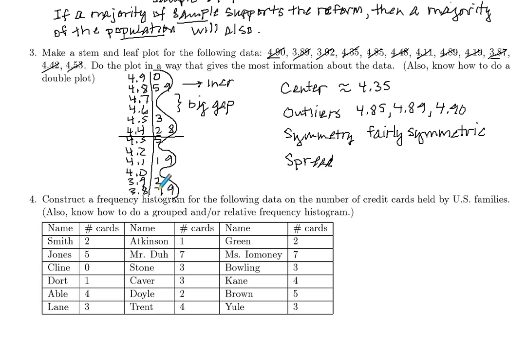Spread, this data, it's not all piled up in the middle around the center. Okay, it's fairly spread out here. So our spread in numbers, our range is 3.87 up to 4.90. But the data are fairly spread out. They're not concentrated.